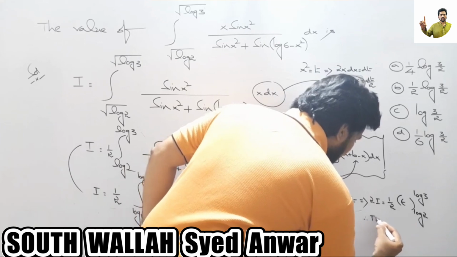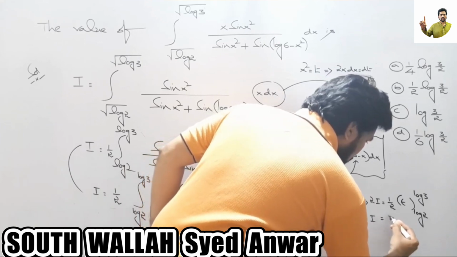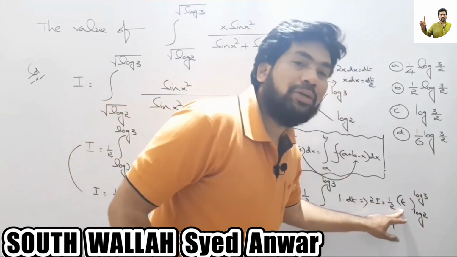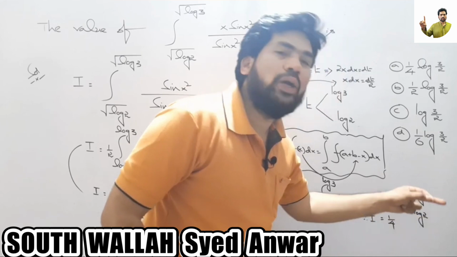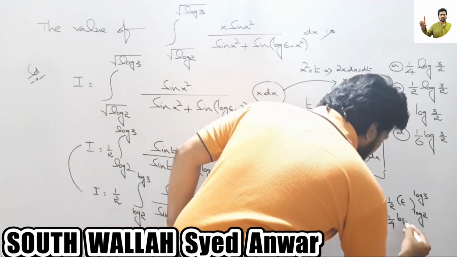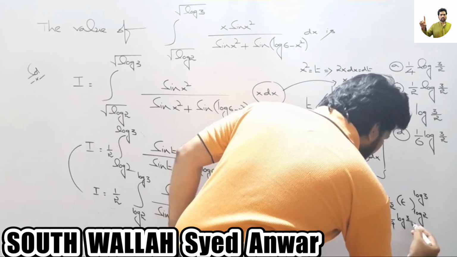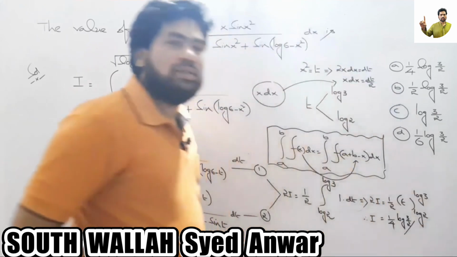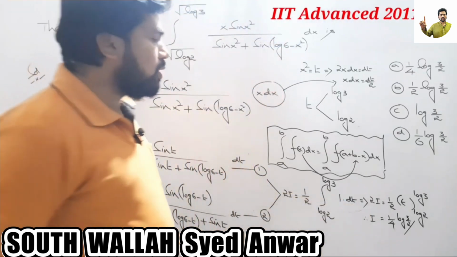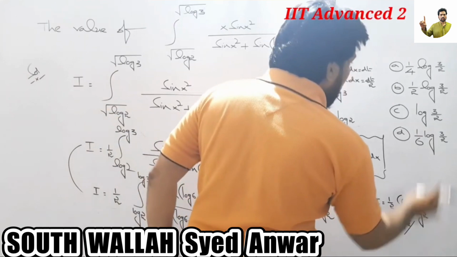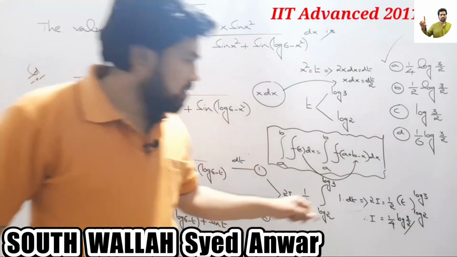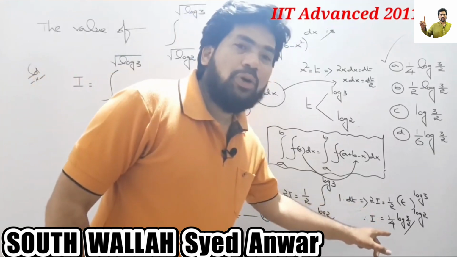So I is equal to 1 by 4 times, first substitute the upper limit log 3 minus lower limit log 2. So log 3 minus log 2 is nothing but log of 3 by 2. So I have got the answer for this question: 1 by 4 times log of 3 by 2, which is clearly available in the first option. I hope that you have understood this.